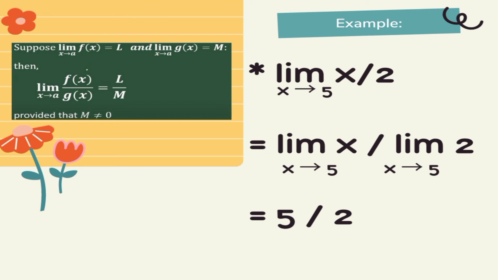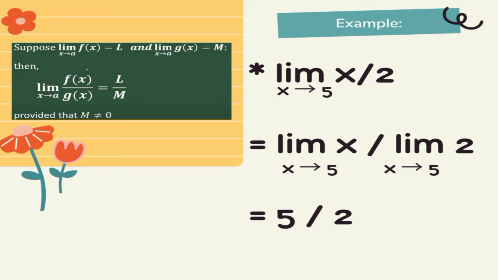In this part, we apply theorem number 2, so we get the value of where x approaches, which is 5. And in this part, we apply theorem number 1, so we get the constant. The constant is 2, so the answer is 5 over 2. Simple as that.